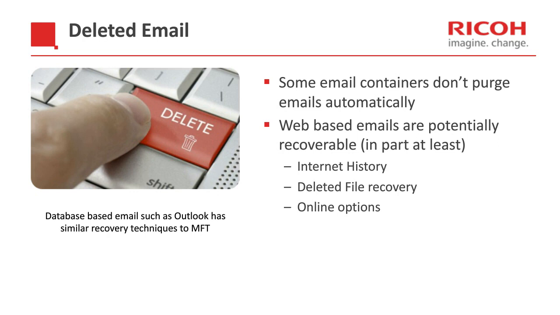Web-based email, where people go online and read their email, is a little more challenging. Internet history, of course, comes into play here because those pages are downloaded, so you can get some snapshots and you can get some aspects of the email that way occasionally.